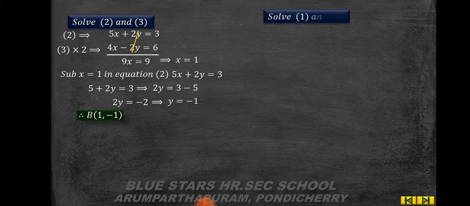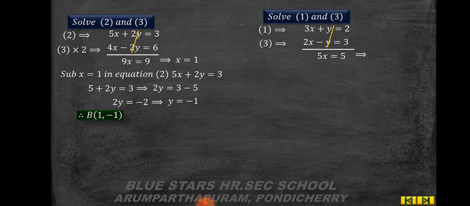So, solving equation 1 and 3. Equation 1 implies 3x plus y is equal to 2 and equation 3 implies 2x minus y is equal to 3. So, plus y minus y gets cancelled. You get 5x is equal to 5. So, the value of x is equal to 1. Substitute x is equal to 1 in equation 1. Equation 1 is 3x plus y is equal to 2.